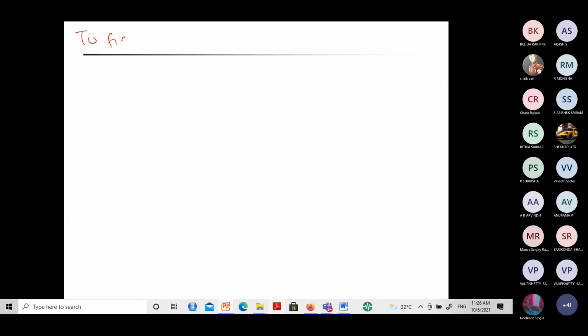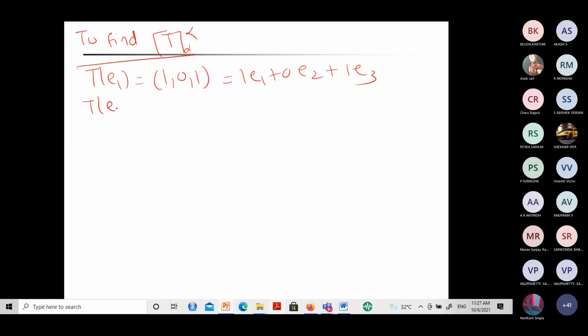T of E1 is 1, 0, 1, again written in terms of E1, E2, E3.